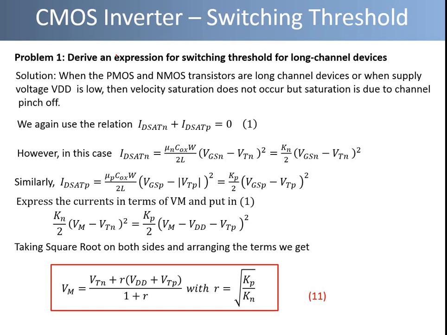Now as a numerical, let us derive an expression for switching threshold for long channel devices. As we know, when PMOS and NMOS transistors are long channel devices, or when their supply voltage is very low, then the saturation is not due to velocity saturation, but the transistor enters a saturation mode due to channel pinch off.